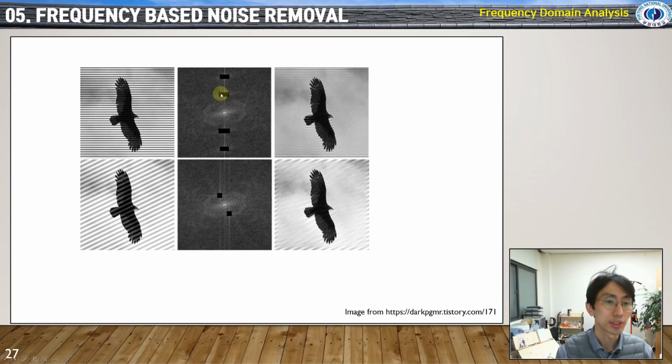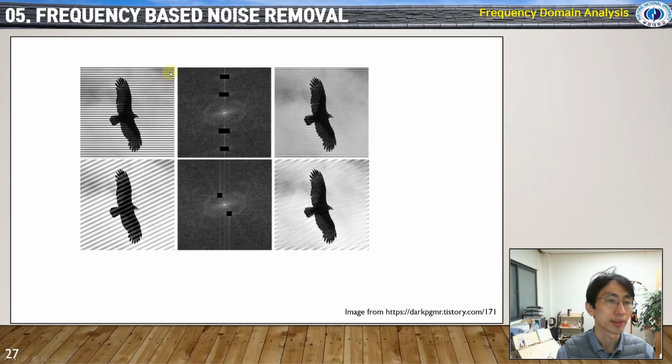For example, here you see it was blacked out, but actually when you see the Fourier transformed image from the original image, you will see this part is very bright. These parts are very bright because of the noise.